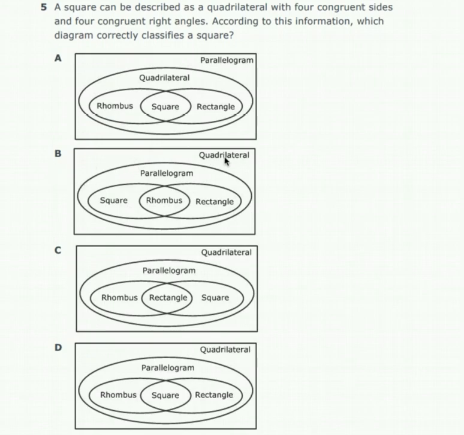B. Quadrilateral, parallelogram, square, rhombus, rectangle. C. Quadrilateral, parallelogram, rhombus, rectangle, square. D. Quadrilateral, parallelogram, rhombus, square, rectangle.